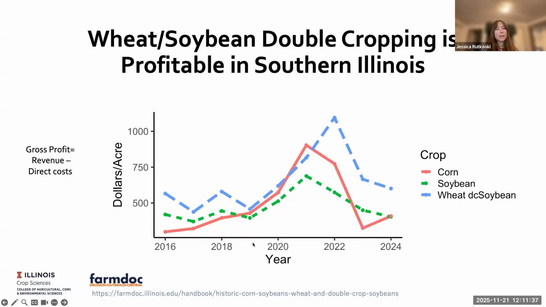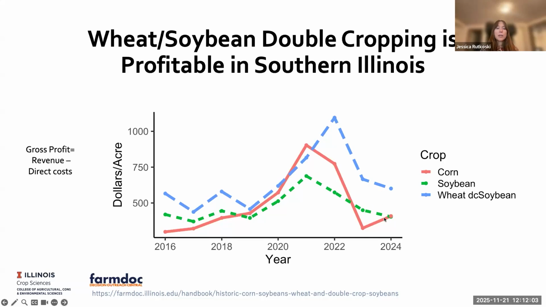If I were to show wheat as a single crop on this, it would actually be 0 or even negative returns. So just to show, wheat in the double crop system is really competitive with the other crops, and that's really critical to make sure that wheat remains a part of the cropping system.